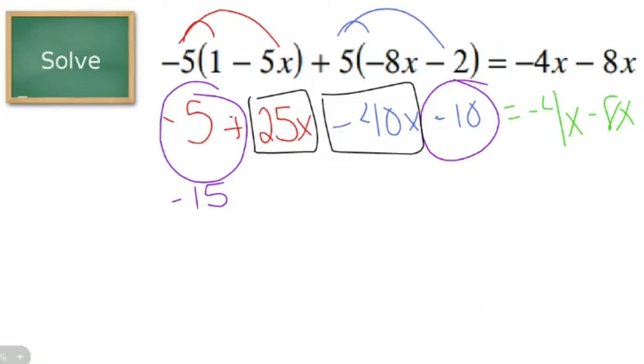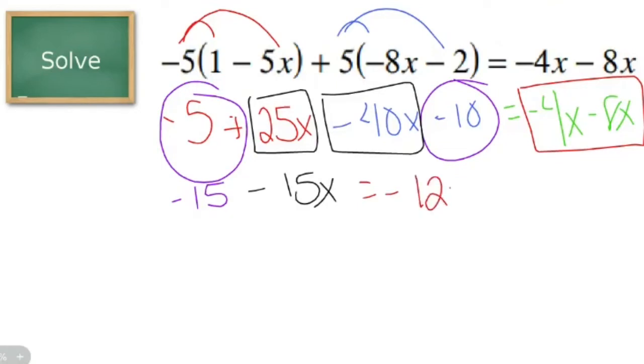So if I have $25 and I owe somebody $40, I am now down $15, -15x. On the right side, I have the same thing going on where I have -4x minus 8x on the same side. Before you think, let's do stuff to both sides, combine them. -4x minus 8x is -12x.